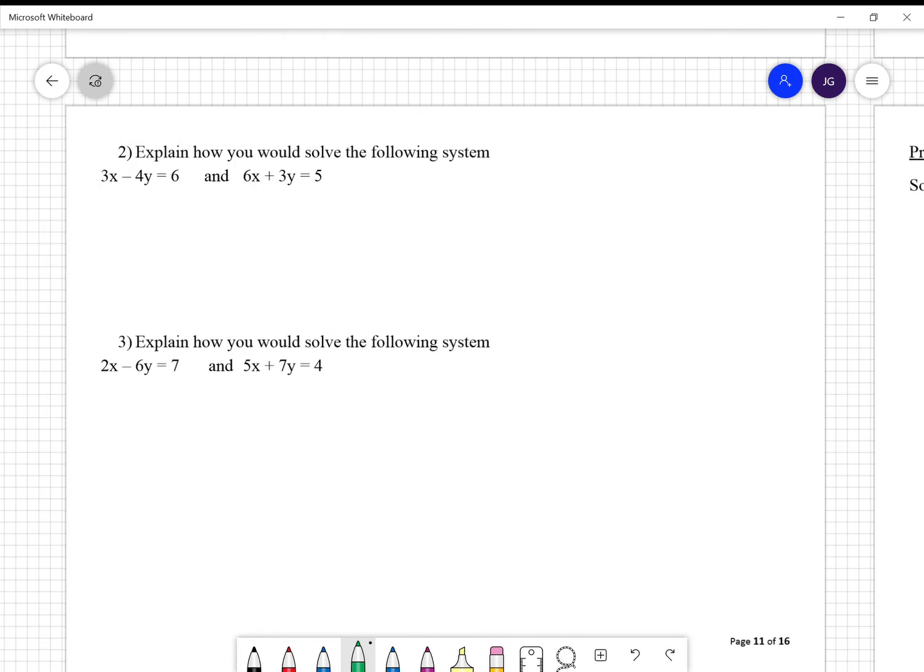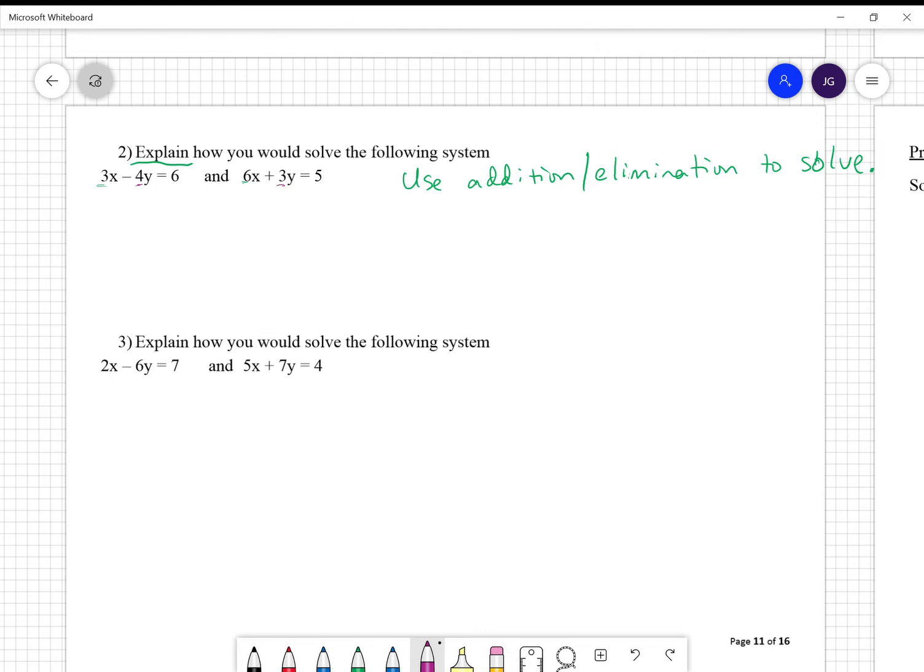Okay. Again, explain how you would solve the following system. Okay, so I don't have x or y by itself, so I am going to use addition, elimination, to solve. If I look at my x's, I have 3 and 6. If I look at my y's, I have 4 and 3.